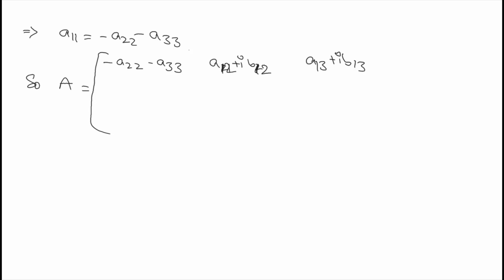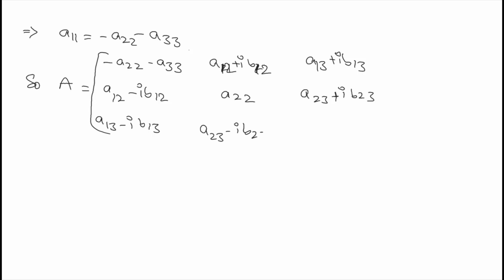Second row is A12 minus IB12, this is A22, this is A23 plus IB23. And the third row is A13 minus IB13, this is A23 minus IB23, here A33.